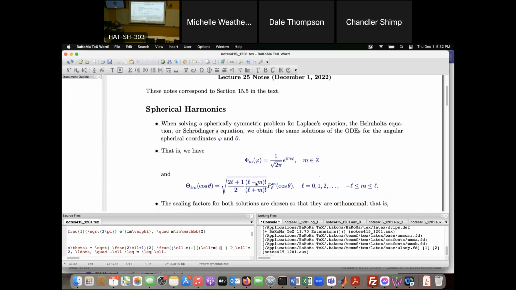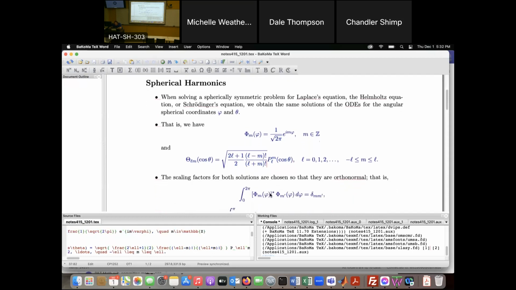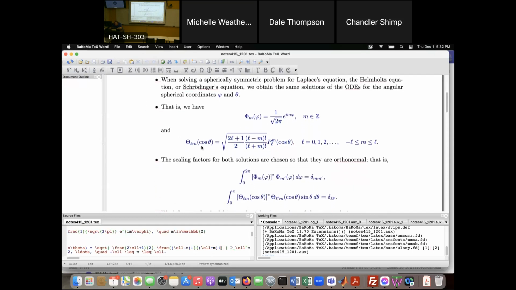The only reason we have these scaling factors is to make these two sets of functions orthonormal. So when we integrate any two functions from these families, we get 0 if the indices are different, and 1 if the indices are the same. Recall this is a Kronecker delta that's equal to 0 for different indices and 1 for the same indices.